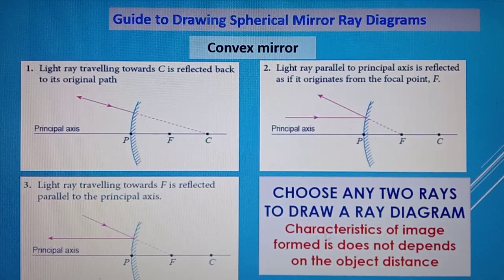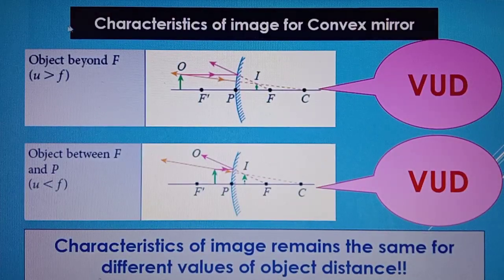For your information, the characteristic of the image formed does not depend on the object distance for a convex mirror. For concave, yes, it depends on the object distance. But for convex, it does not. We can draw 2 different object distances. For example, U more than 2F.